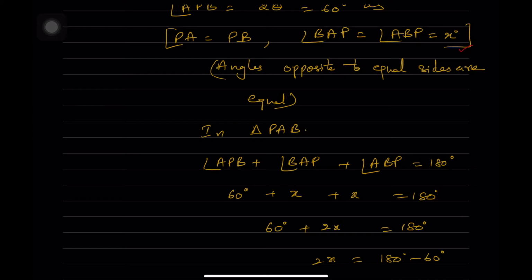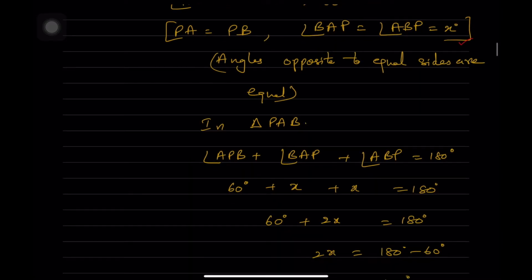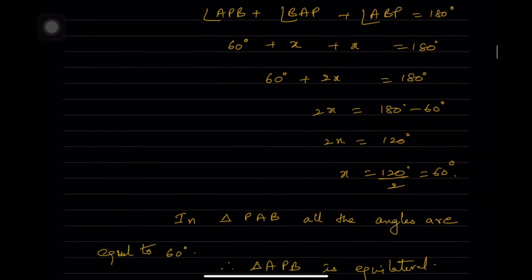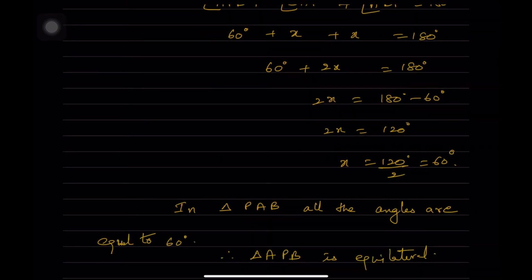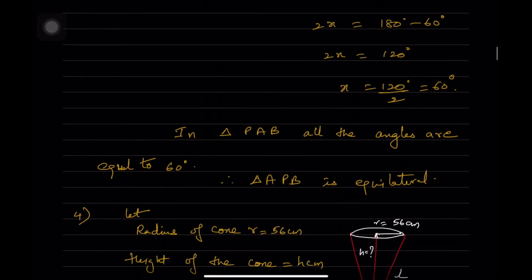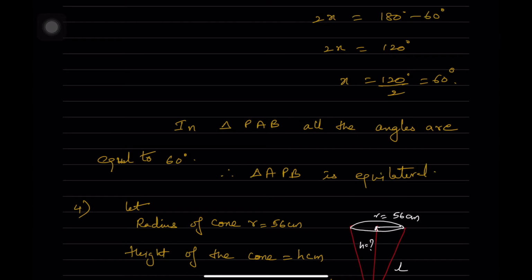Angle APB we found to be equal to 60 degrees. So 60 plus 2x is equal to 180. 2x is equal to 180 minus 60, which is equal to 120. So x is equal to 120 by 2, which is equal to 60 degrees. Since all the angles are 60 degrees, triangle PAB is an equilateral triangle.